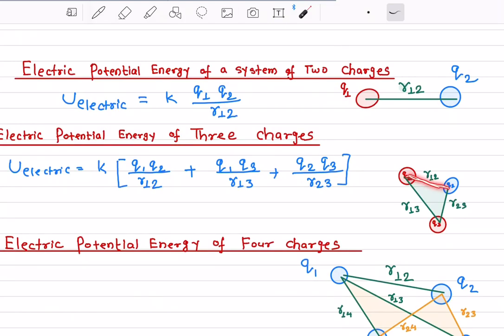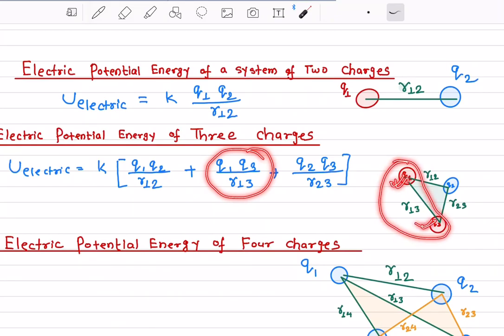So first let's find out the total electric potential energy due to Q1 and Q2. Then we'll find out Q1 and Q3, and then at the last we'll find out Q2 and Q3. So this one, Q1 and Q2, is the potential energy of the system due to Q1 and Q2, due to this charge.